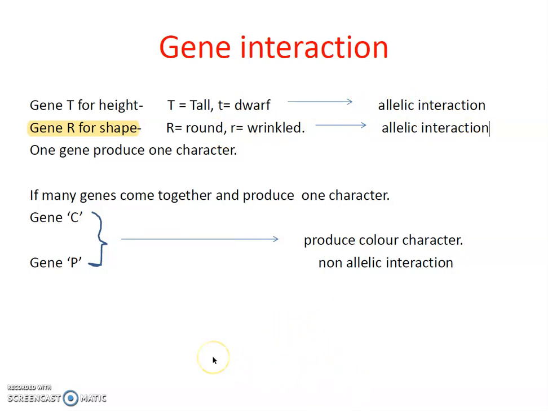But in many cases, many genes decide one character. If many genes come together and produce one character, like here gene C and gene P, these are two different genes but they work for the same character. Genes C and P produce the color.